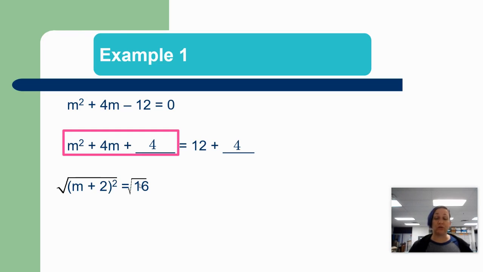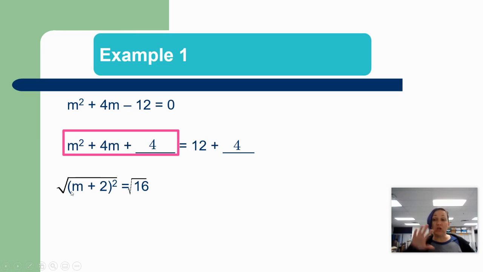When you square root the right-hand side, since this is an equation, we have to take into account any number that could have been squared and turned into a 16. So maybe it was 4 squared. 4 squared is 16. But we also have the possibility of it being a negative 4, because negative 4 squared is also 16.